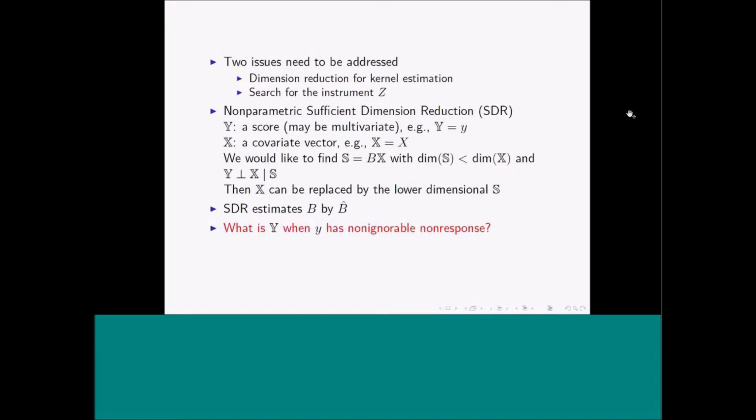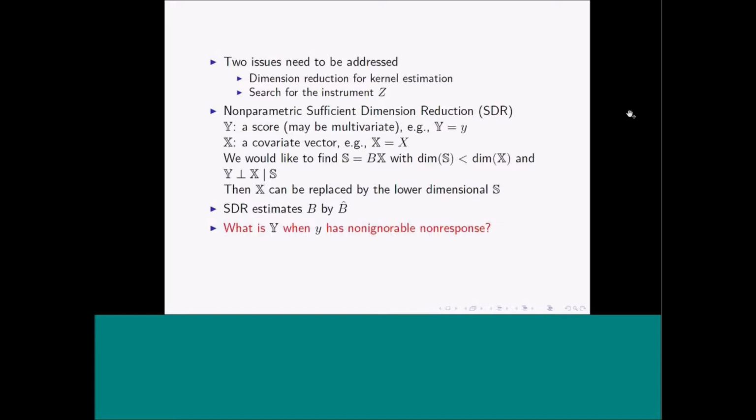But now, in our problem, how do we do sufficient dimension reduction when we have missing data and the missingness is non-ignorable? If missingness is ignorable, then I don't need to talk too much, because ignorable missingness means that given what is observed, the distribution is the same as the distribution that is not observed.